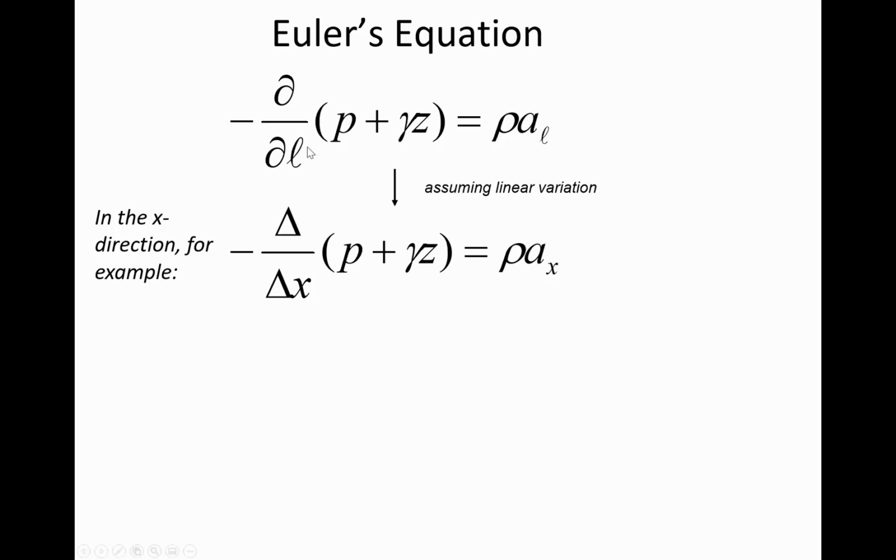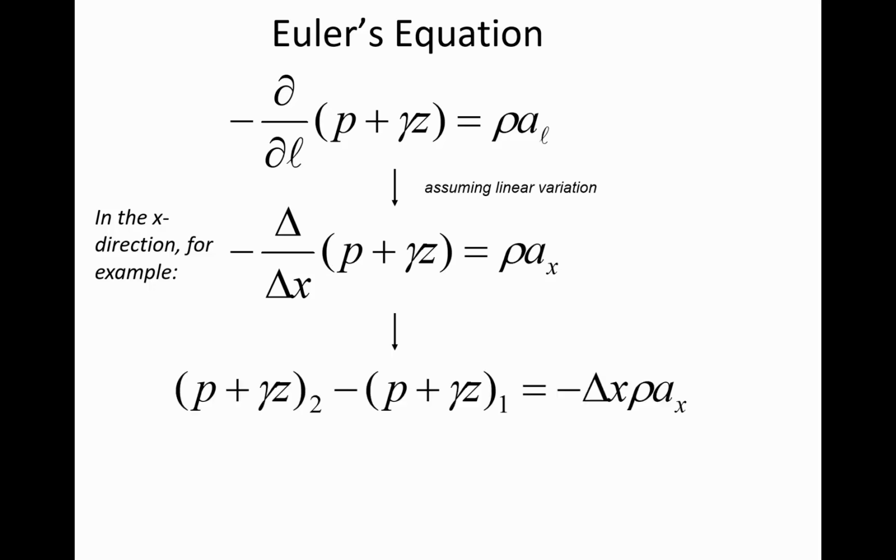And so we expand this out, assuming linear variation, from a partial differential to just saying it's a change in piezometric pressure over a distance. And then if we have two points in particular that we're interested in, then we can say that the pressure plus gamma z at location 2, so location 2 would be the location that's furthest to the right. If we're working in the x direction, so x is horizontal, then location 2 by definition and by custom is going to be the location that has the most x.